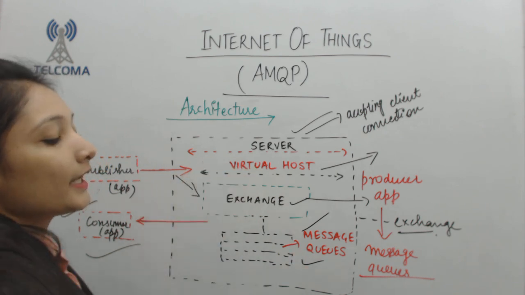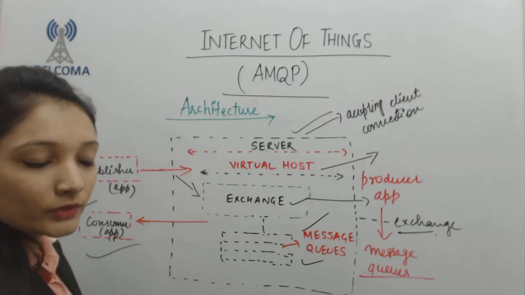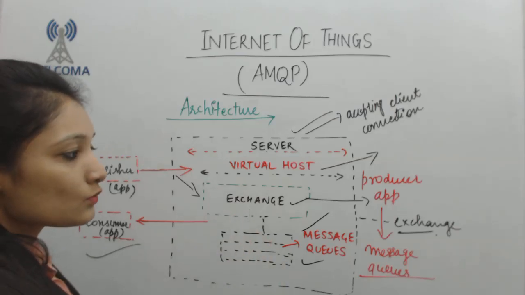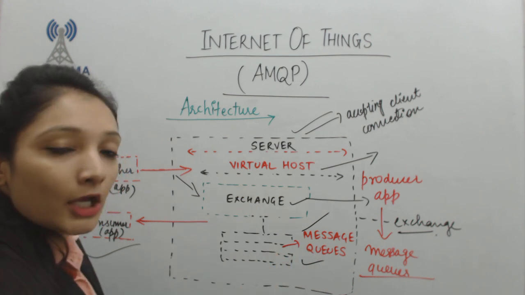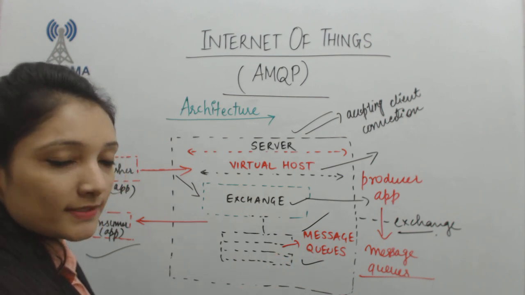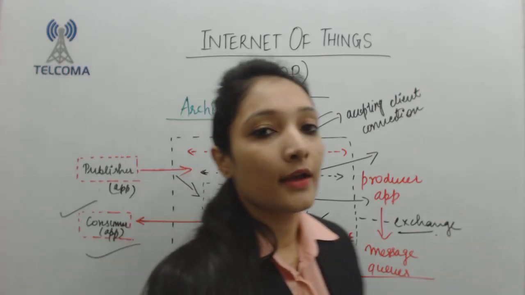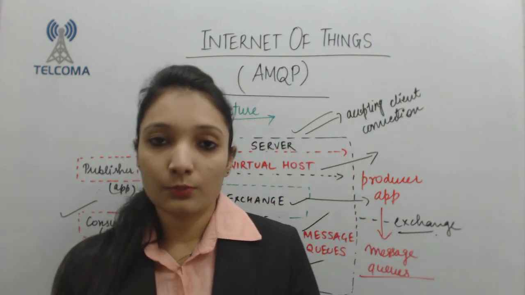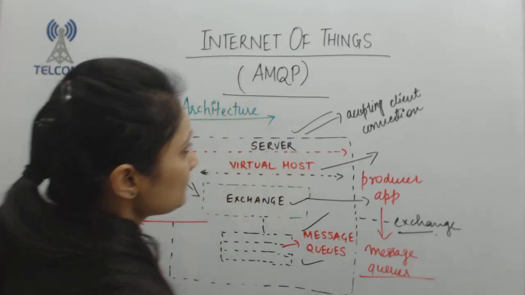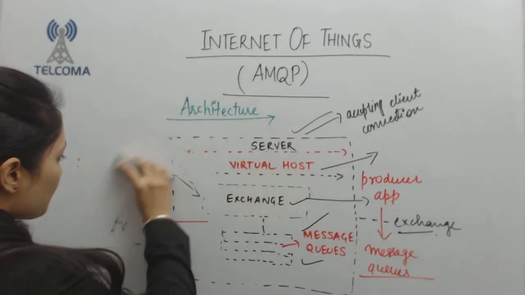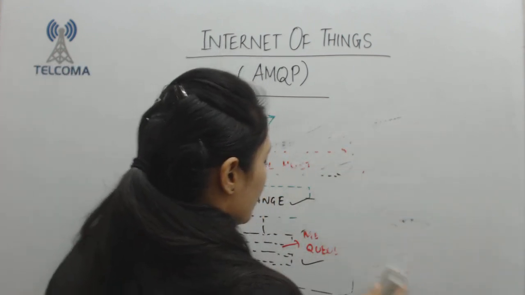Only then will you be able to forward the data over the network with the help of a protocol. Now, the exchange will be receiving that and then matching and routing to the message queue. Then the queue will be receiving those messages and ultimately forwarding them to the consumer application. So this is how the AMQP protocol is implemented and used for your Internet of Things. It is basically a converged protocol used for the constrained environments of IoT.